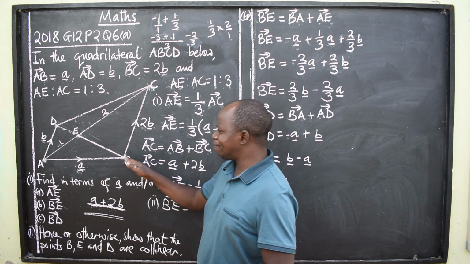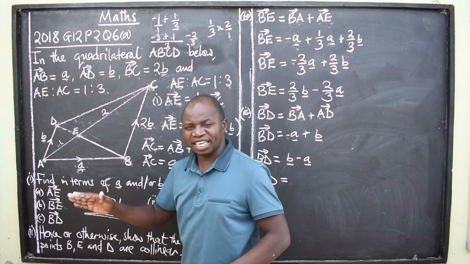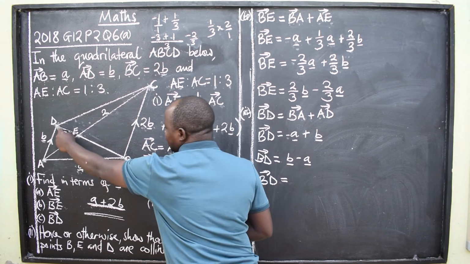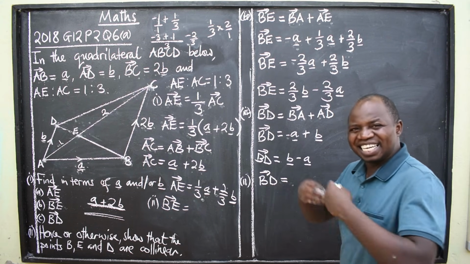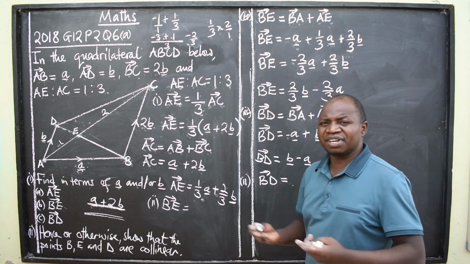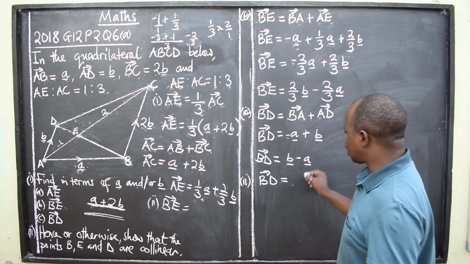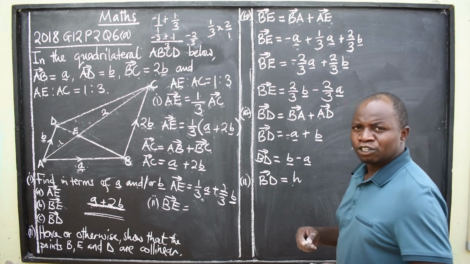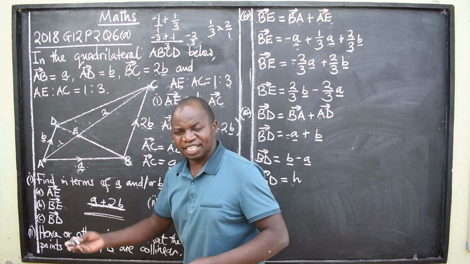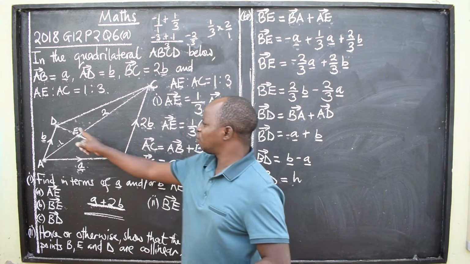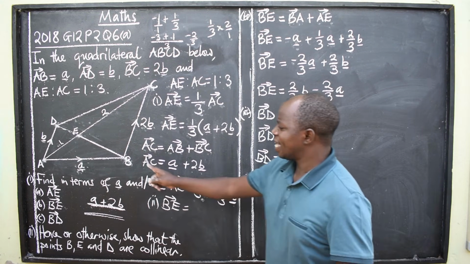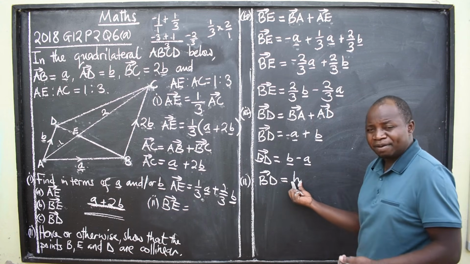For you to show that B, E, D are collinear, this length from B to D should be equal to a certain number, which I can call H, that will be regarded as the scalar. You can use any letter here. So for these 3 points to be collinear, BD should be multiplied by a certain number, which I would just call H, times BE.